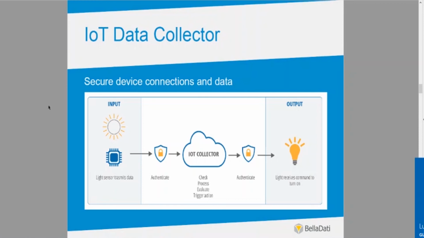So in this case, we have here a light sensor which is transmitting some data, the level of light or luminosity whatsoever. It's of course authenticated, and the collector processes the message, and again, using the standard secured protocols, it is providing the output to the gateways or to the MQTT brokers or whatsoever.